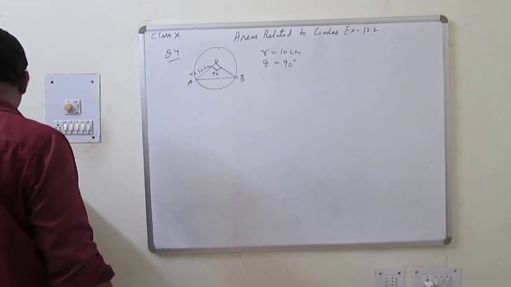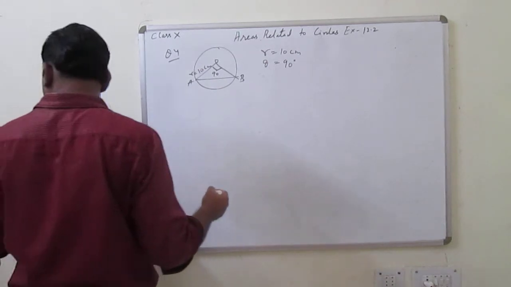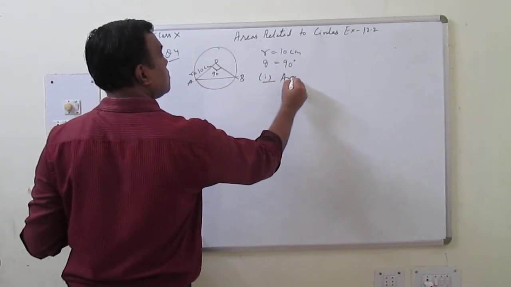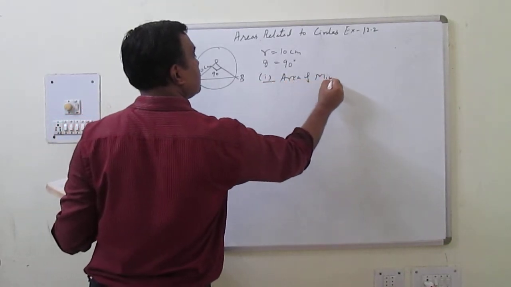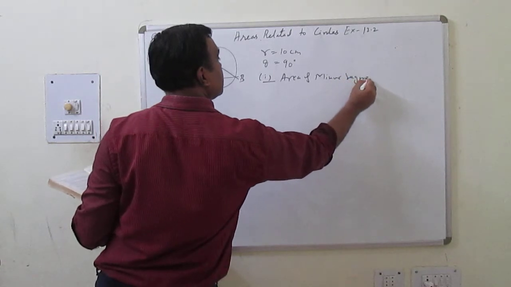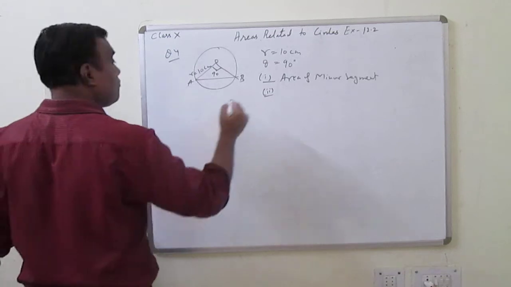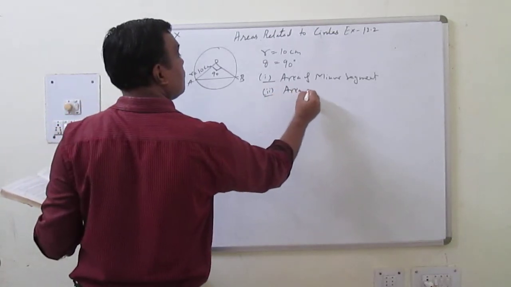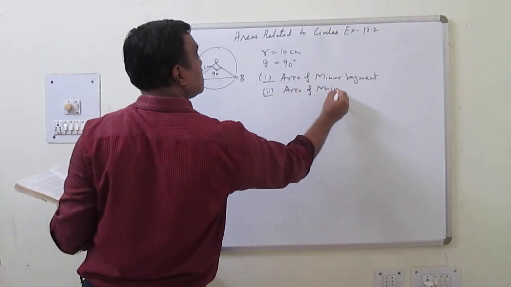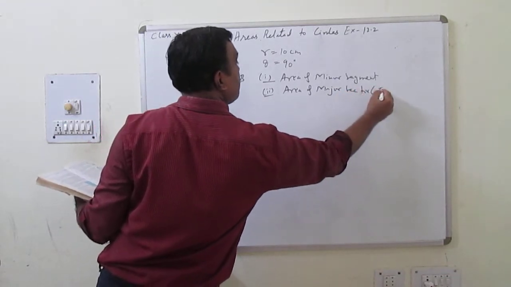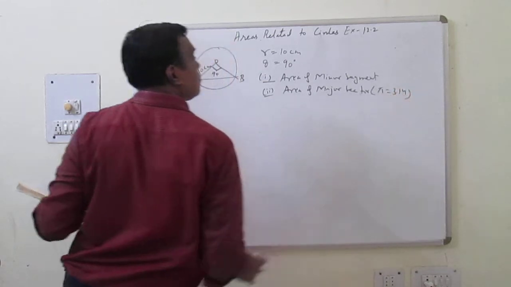You have to find the area of the minor segment. Second, you have to find the area of the major sector, and here you will take pi as 3.14.